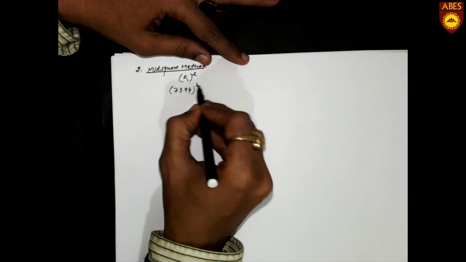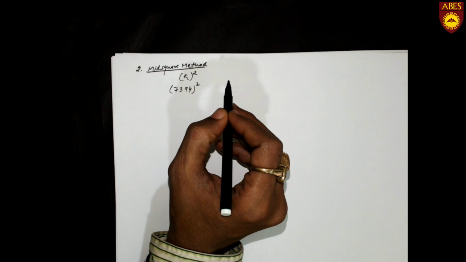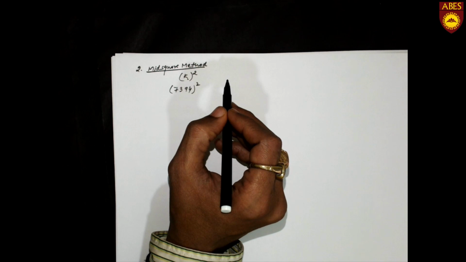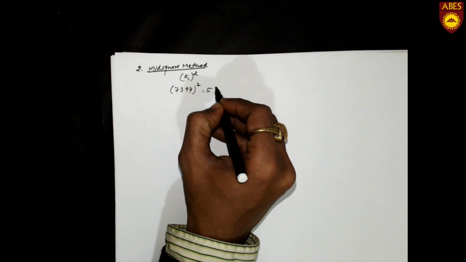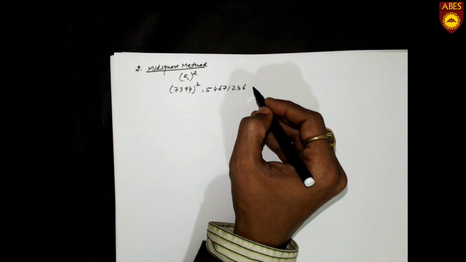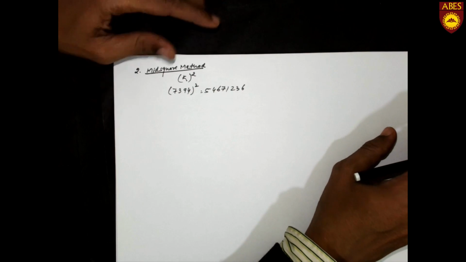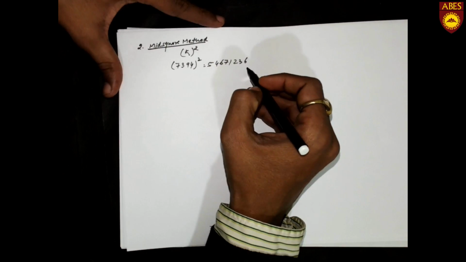If you square this, you will get 54671236. Now if we consider that our hash table is of size 100, that means the hash address is going to be 2 digits.